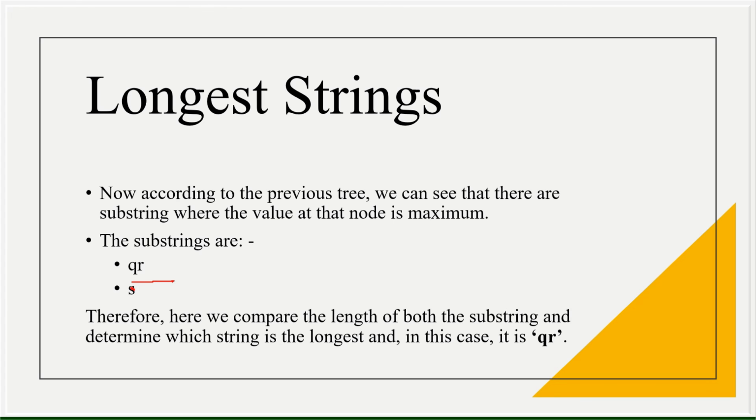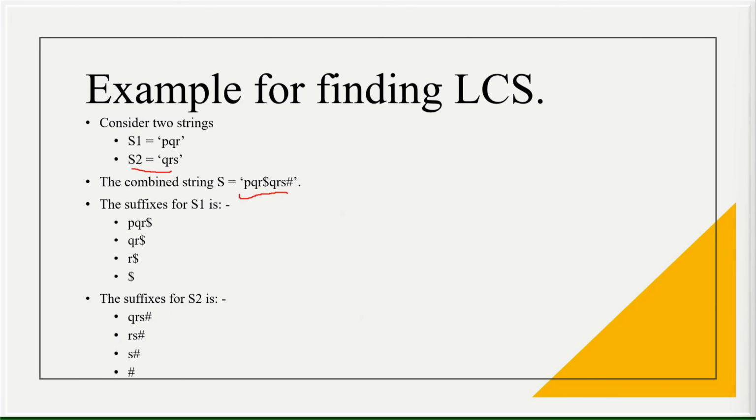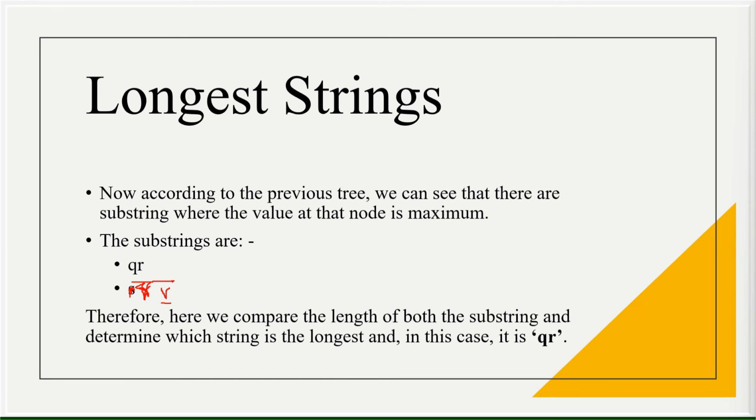Oh, this should be an S. I'm sorry again, this should be R. Basically, since our strings were PQR and QRS, the two strings should be QR and R. Along with these strings, we have to keep a variable called length, which will be initialized to 0, and this length will store the value of the longest substring.